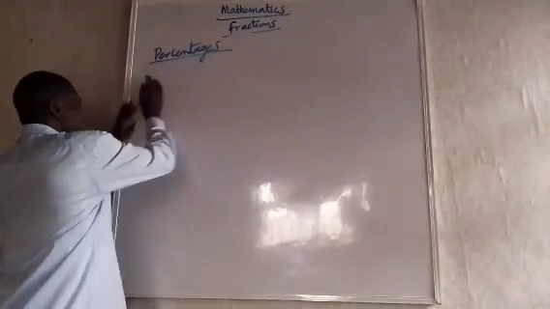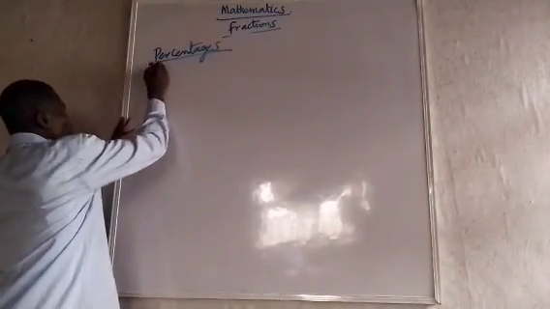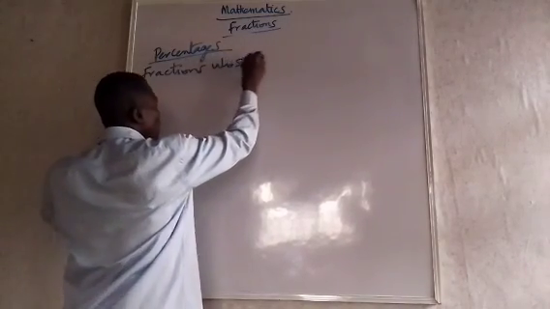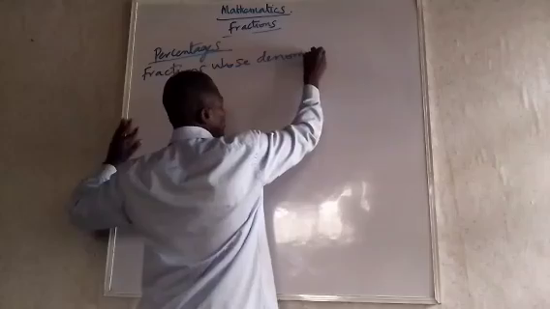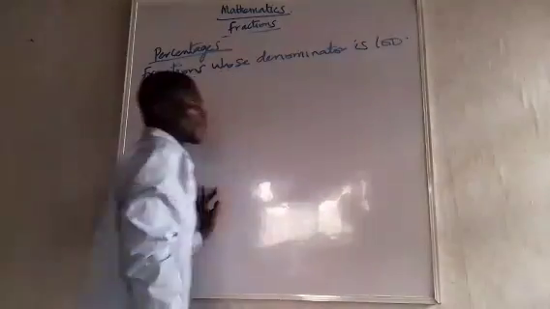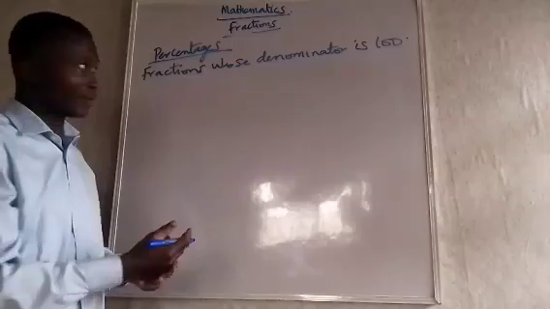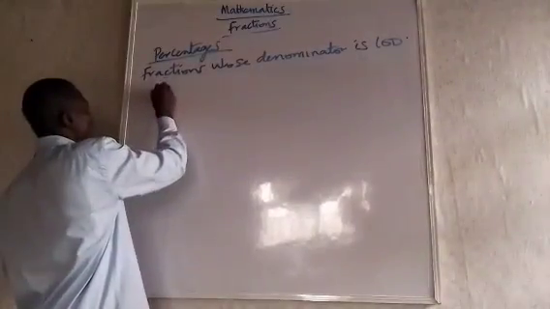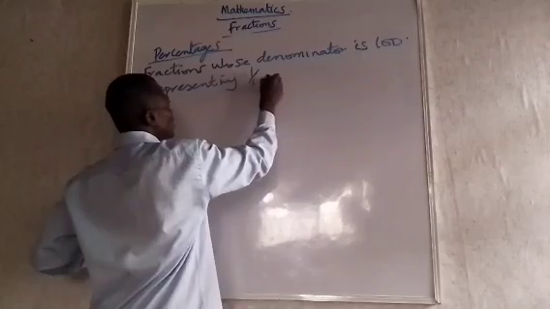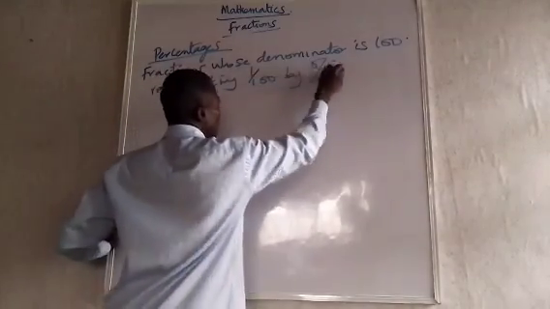Now percentages are fractions whose denominator is 100. So instead of writing over 100, we represent 1 over 100 by this symbol.